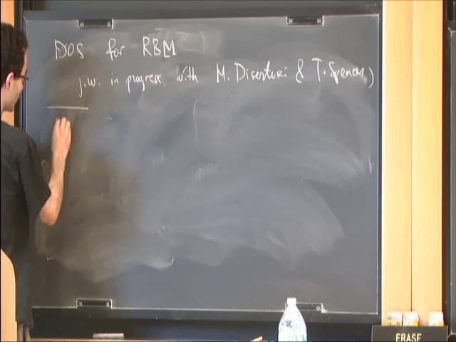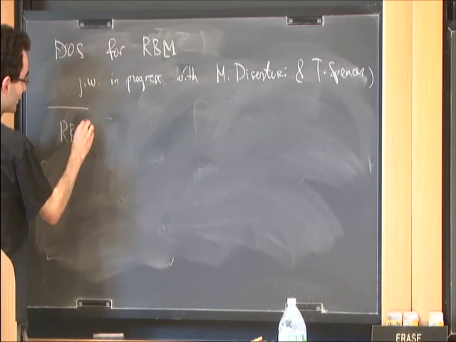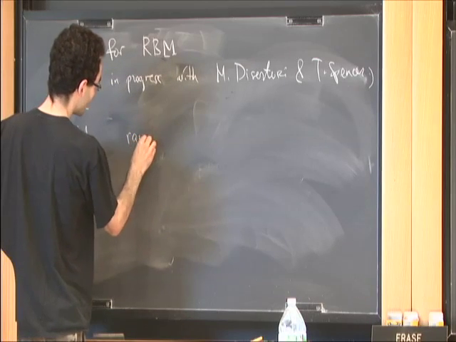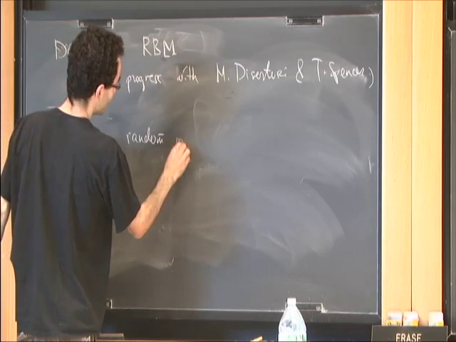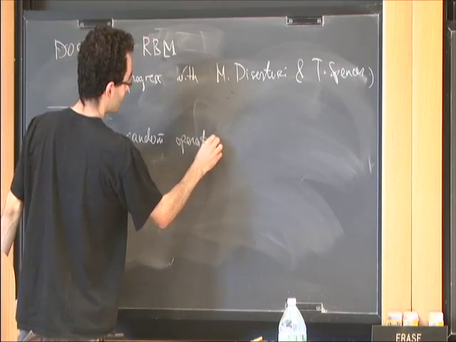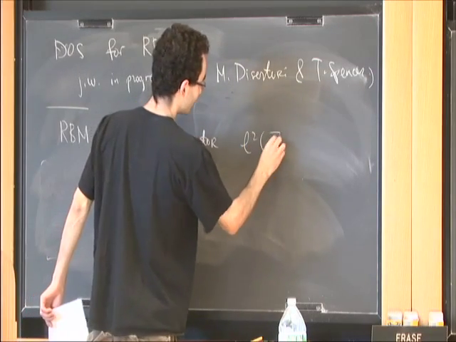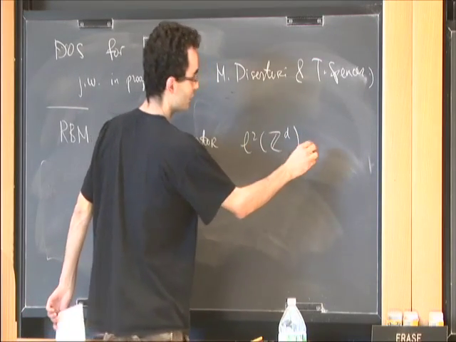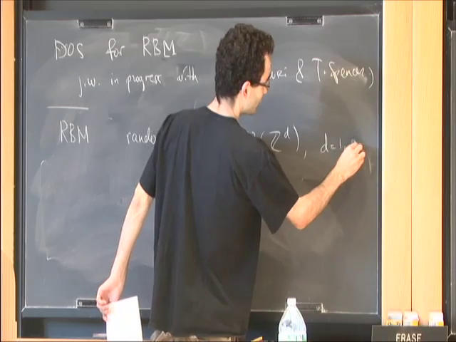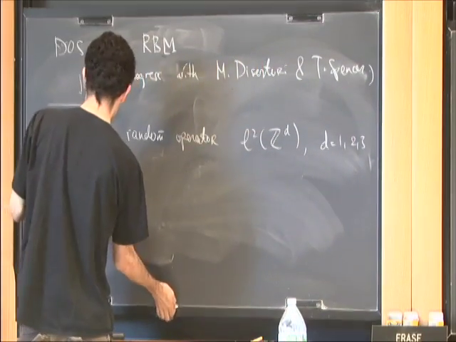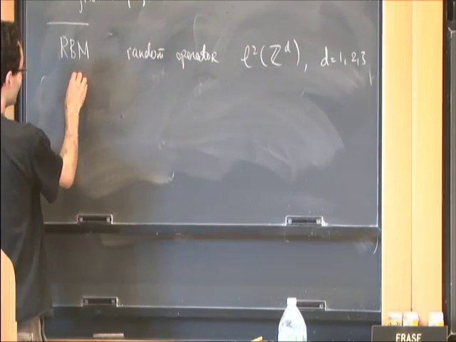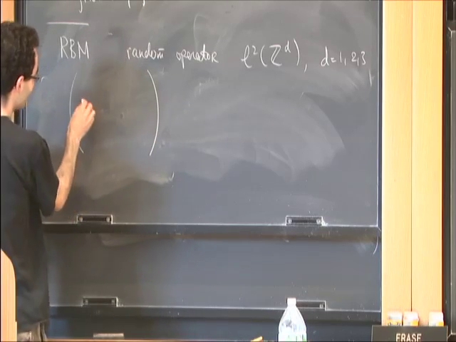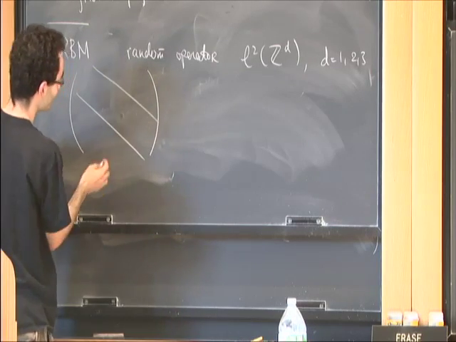In this talk, a random band matrix will be a random operator acting on L2 of Z^d, where d in this talk will be either 1, 2, or 3. And well, in one dimension, it will look more or less as follows.